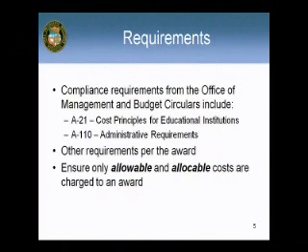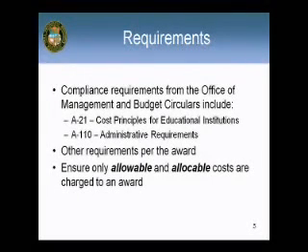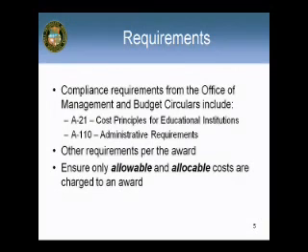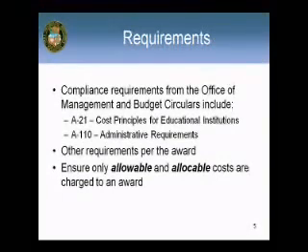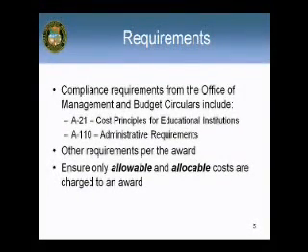The purpose of this part, again, is to ensure that all costs that hit our grants are allowable and allocable. Why do we want to do that? Because we had situations in the past where grants were having costs put on them that weren't related to the grant. For that reason, they weren't allowable.